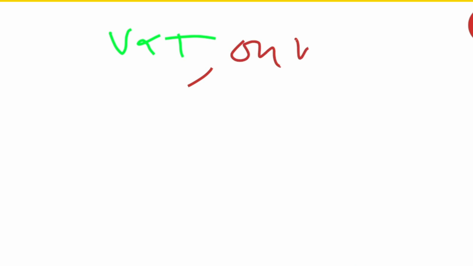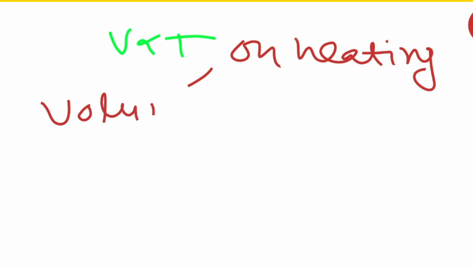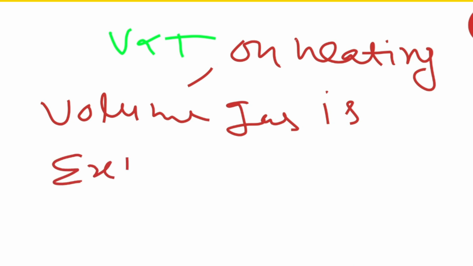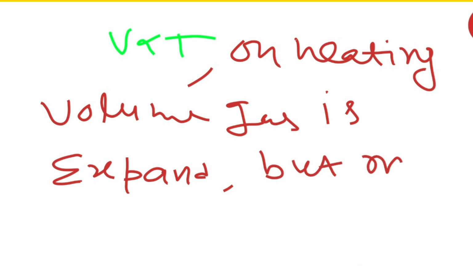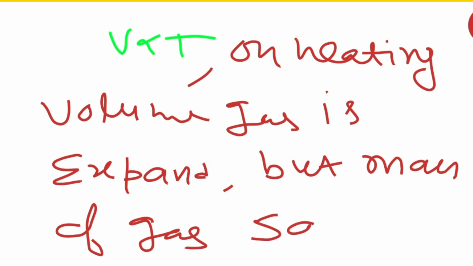What we can say according to this law, we know volume is directly proportional to temperature. So on heating, the volume of gas is going to expand, but the mass of gas remains the same.